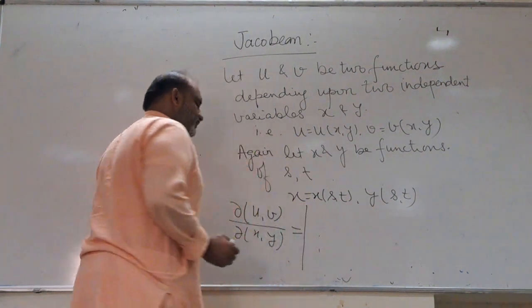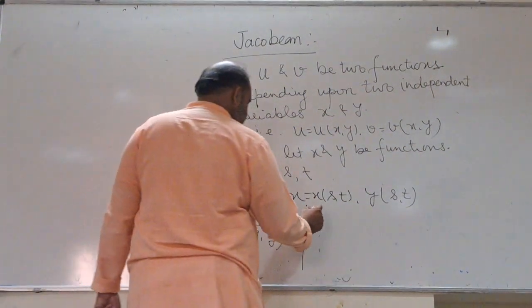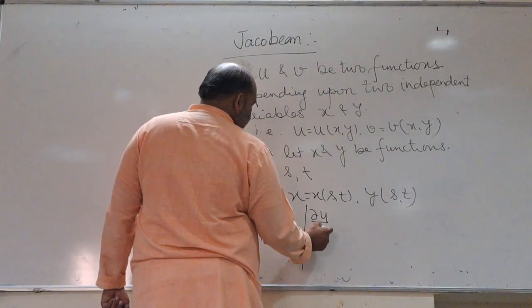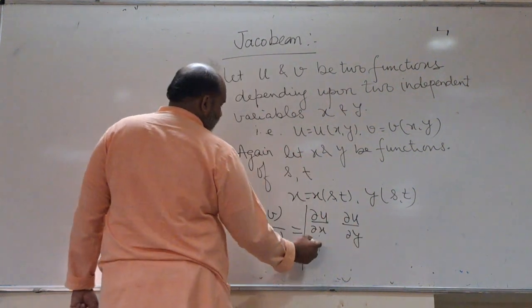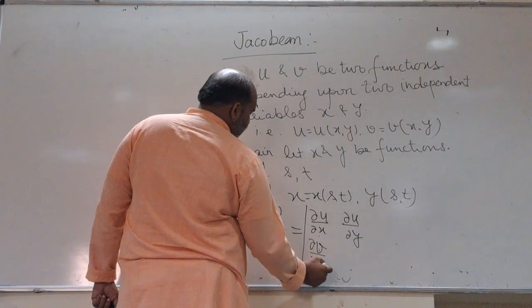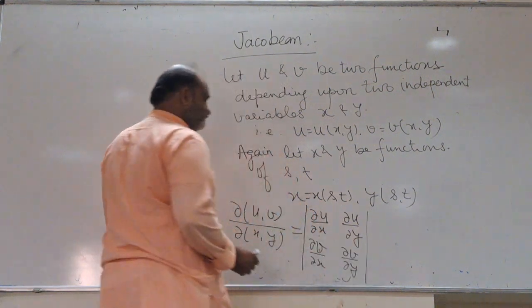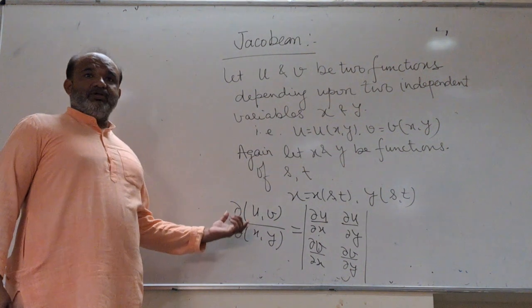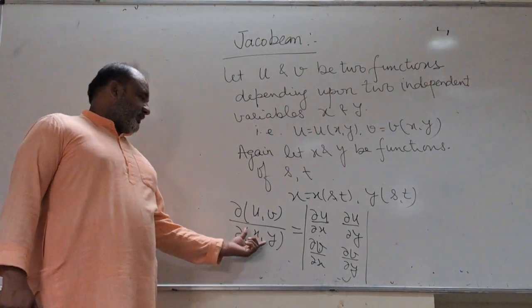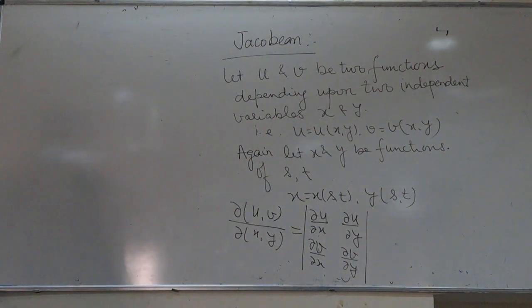This is nothing but a determinant of partial derivatives, that is del u over del x and del u over del y, and del v over del x and del v over del y. This determinant is called the Jacobian of u and v with respect to x and y. Clear? Definition clear?